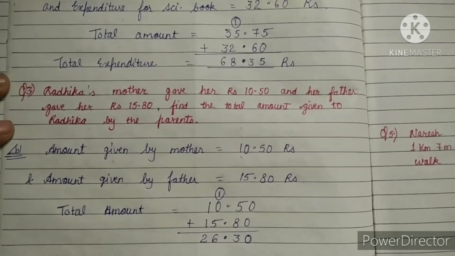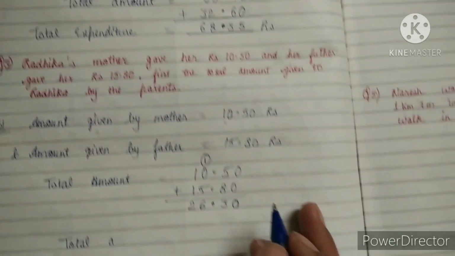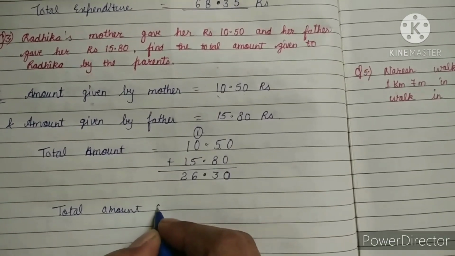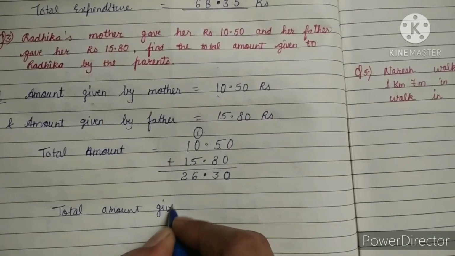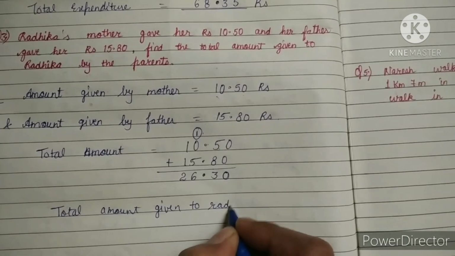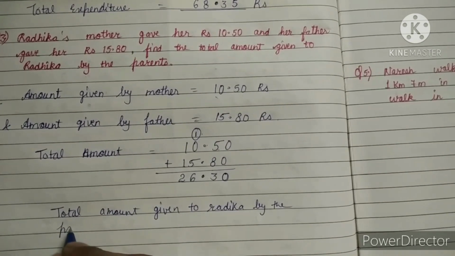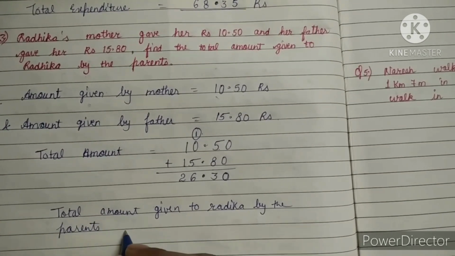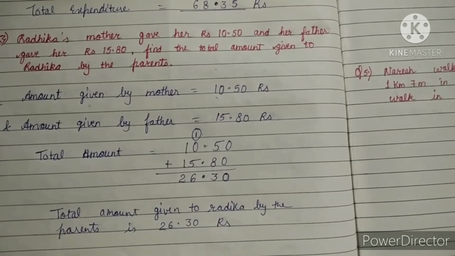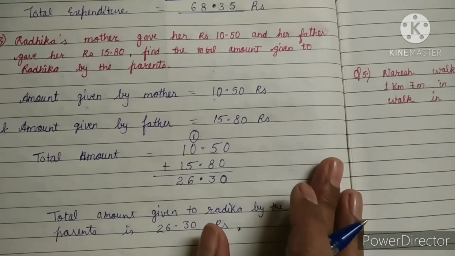So the total amount given to Radhika by the parents is 26.30 rupees. Okay, here is the unit of the solution.